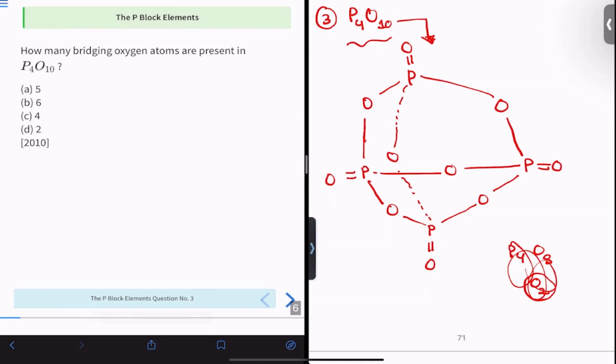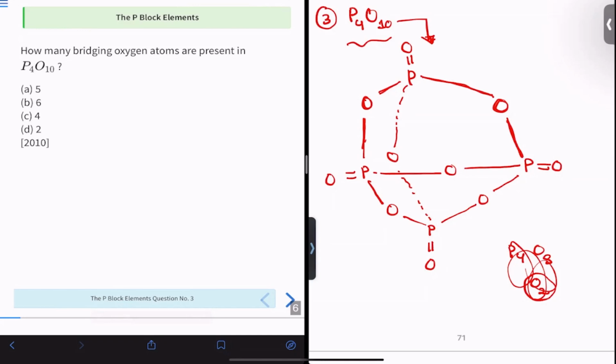I'll tell you again how to draw the P4O10 diagram. First, you draw 4 phosphorus atoms at 4 corners of a square or rhombus, whatever you take. Then you connect the phosphorus atoms with an oxygen with a single bond, like I did. All the phosphorus atoms have an oxygen connected through a double bond.